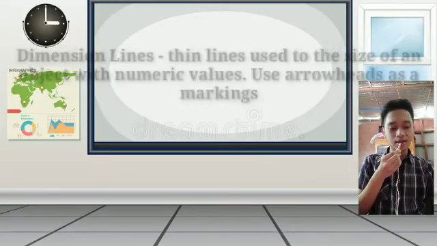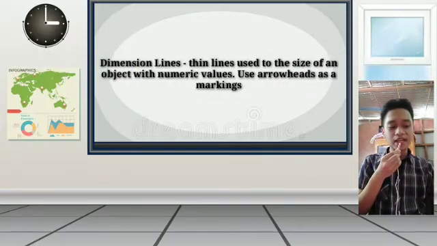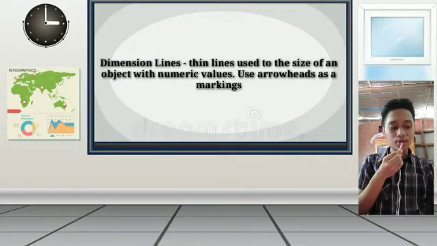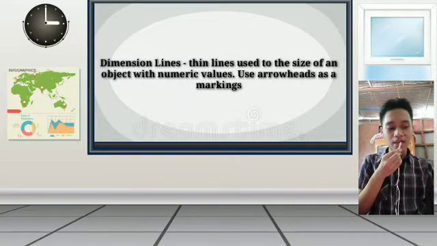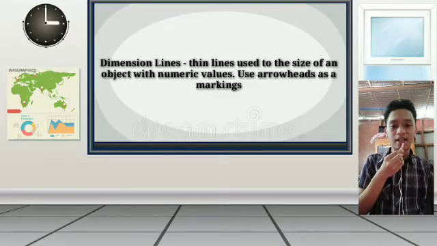Now let's have the dimension lines. Dimension lines are thin lines used to show the size span of an object with a numeric value, usually terminating with arrowheads or thick markings.